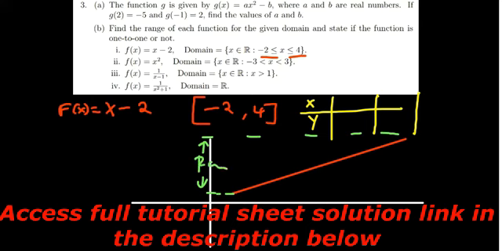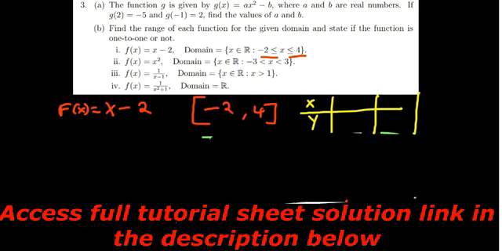The domain are the values of x from there all the way up to that point. We've been given the domain from -2 all the way up to 4. So all we have to do is substitute for a linear function. So the minimum we have is -2.